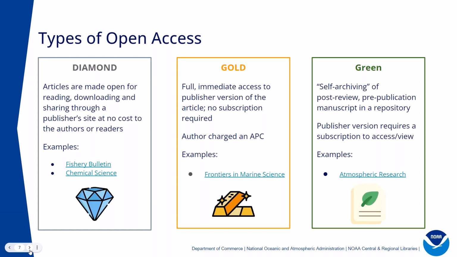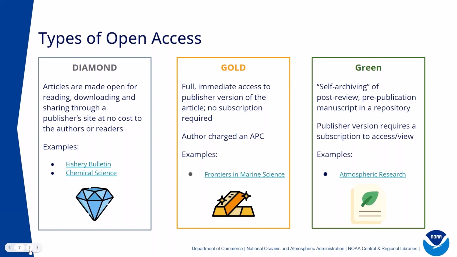And then the other major one is what's called green open access. We've talked a lot about this, which is self-archiving. What you're archiving is the post-review, pre-publication manuscript. Typically, you're going to deposit this within a repository, such as the NOAA IR. That manuscript version would be made freely available to folks through that repository.